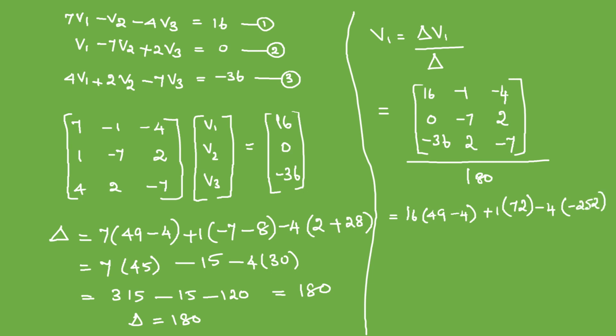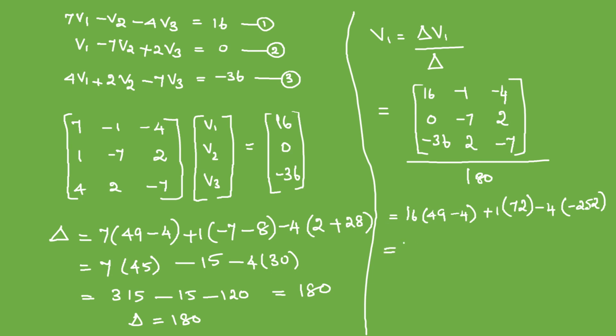So this is minus 4, then this is 0, this is minus, because this minus minus already get cancelled, so we have the minus 36 into 7, that is 252.